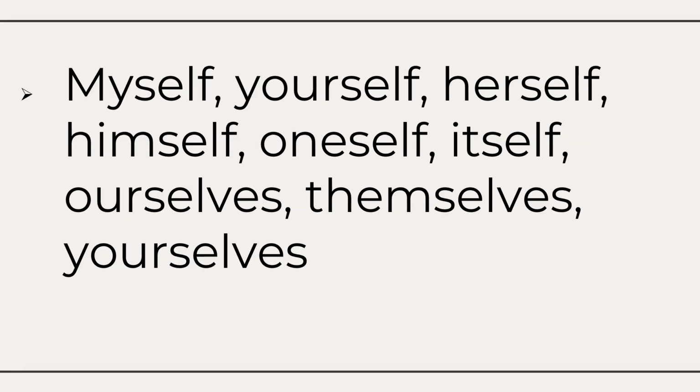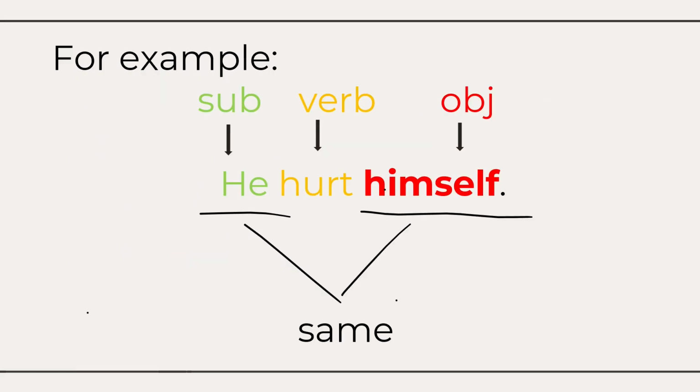The words myself, yourself, herself, himself, oneself, itself, ourselves, themselves, and yourselves are all reflexive pronouns. Now let's take a look at this example. He hurt himself. He is the subject because he is performing an action.